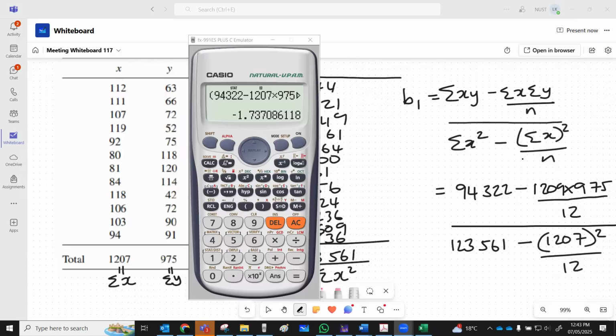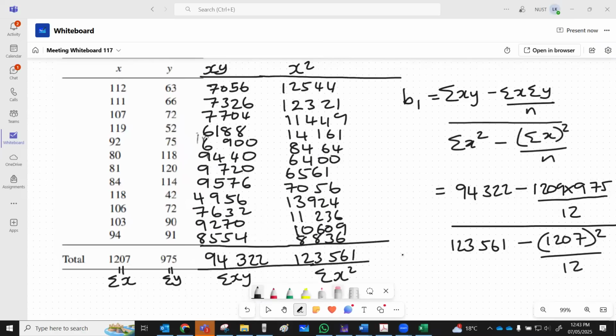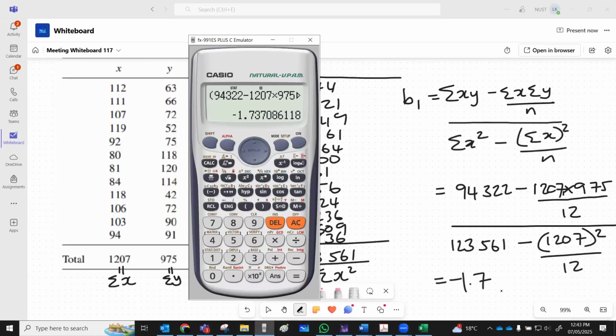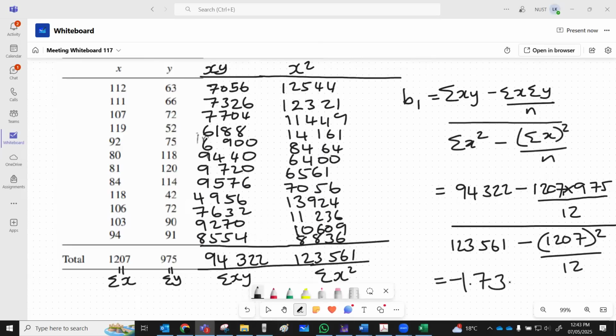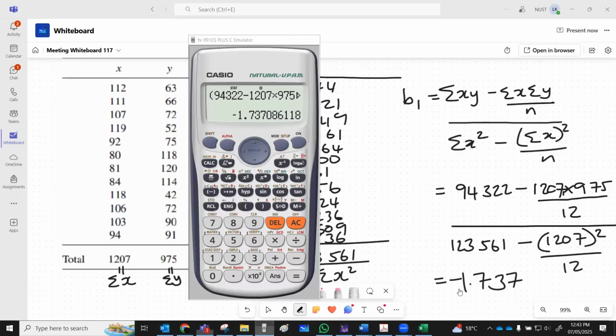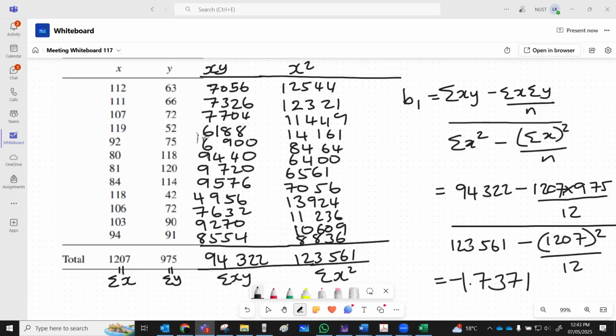Yeah, there it is. Okay, so when we type it into the calculator, we get negative 1.737071, if I write to 4 decimal places.